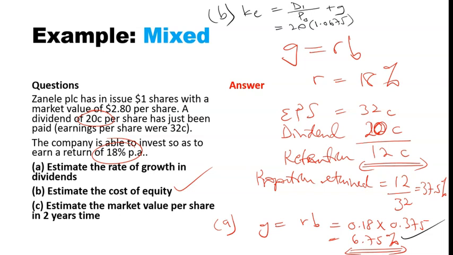Over P0, and our P0, that's 280, plus 0.0675, which is the growth rate.